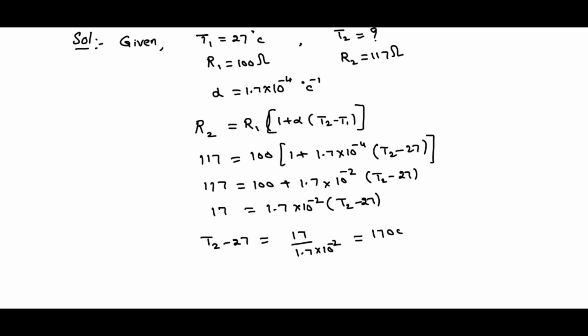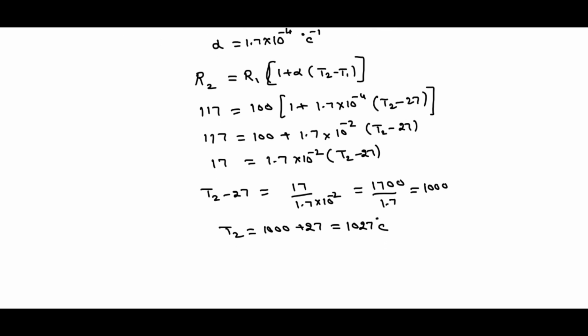So 1700 divided by 1.7, that value is 1000. So T2 minus 27 is equal to 1000. So T2 is equal to 1000 plus 27, that is equal to 1027 degrees Celsius.